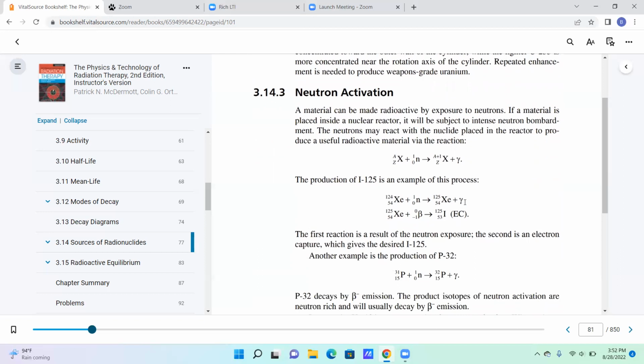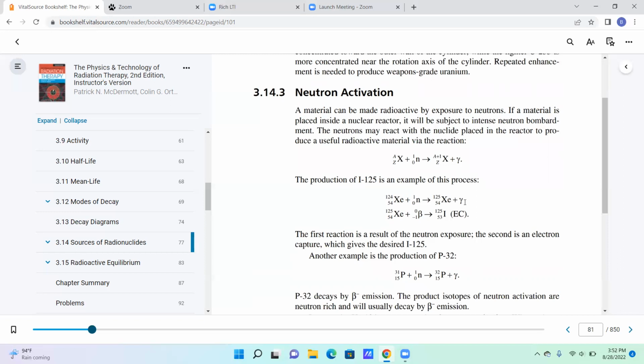Neutron activation. A material may be made radioactive by exposure to neutrons. If a material is placed inside a nuclear reactor, it will be subject to intense neutron bombardment. The neutrons may react with the nuclei placed in the reactor to produce a useful radioactive material in the reaction.